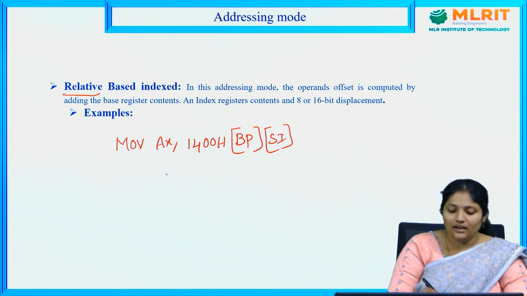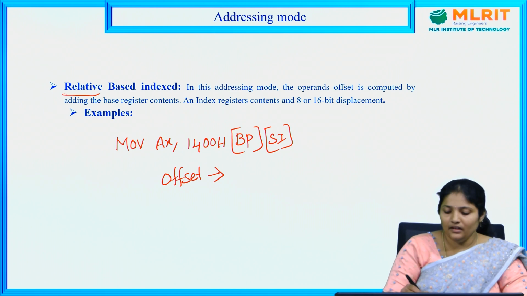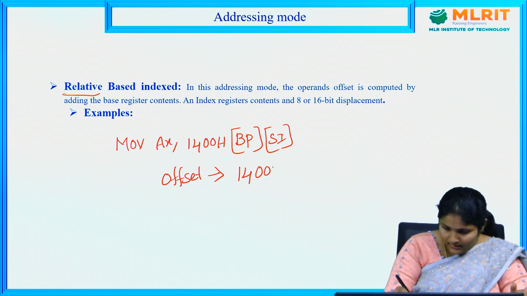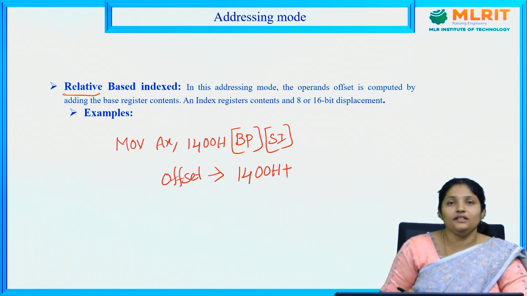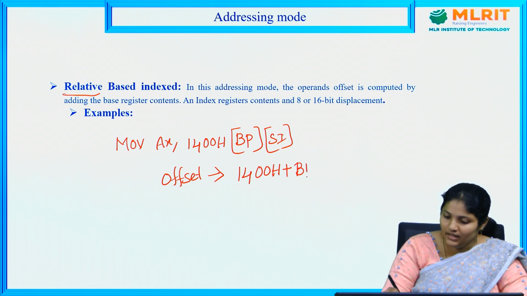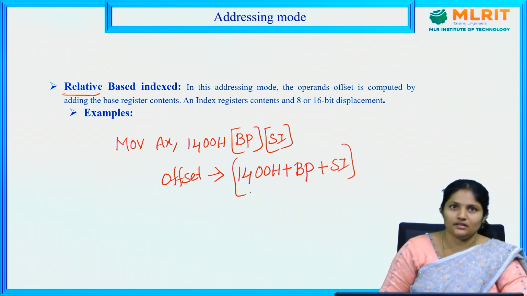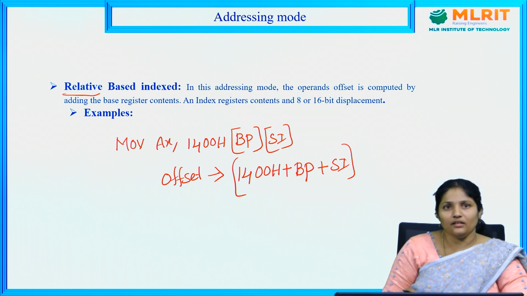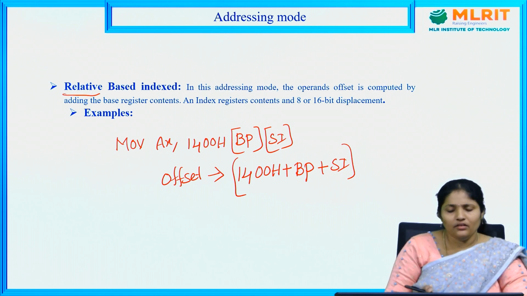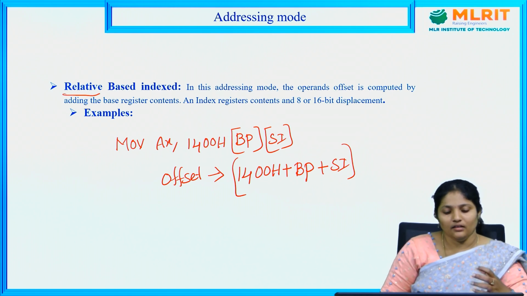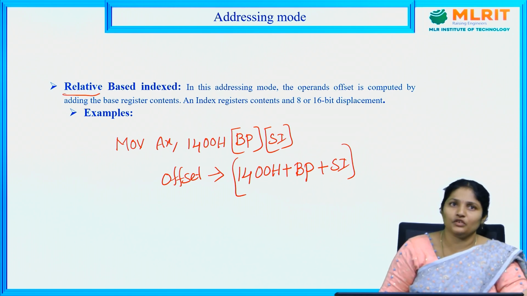So how do we calculate the offset address? The offset address is obtained by adding this displacement to the data present in the base register and the data present in the index register. This is how we calculate the offset address of this instruction. As you all know, the segment register here would be DS.